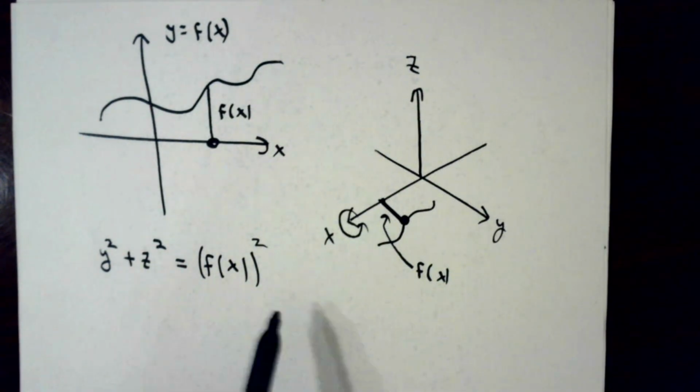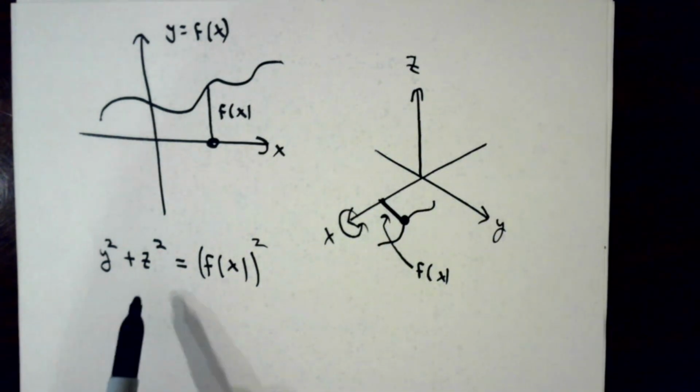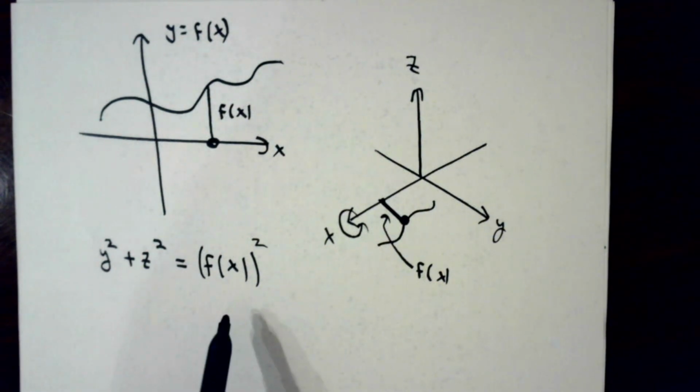Otherwise, if there were y's and z's over here, whatever it is I'm looking at might not even be a circle, and even if it was, the center might not be on the x-axis. So this is a pattern. A variable squared plus another variable squared equals something that can depend only on the third variable.